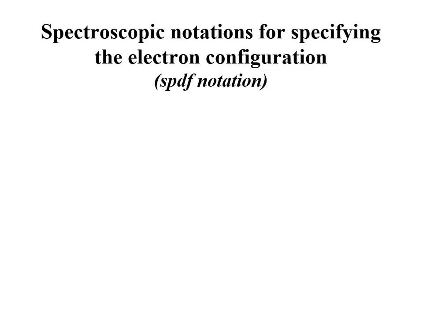This notation is easier, but it's got its limitations. It's also called the SPDF method. The first number gives you the principal energy level of where that subshell is located, and then of course s is the subshell.